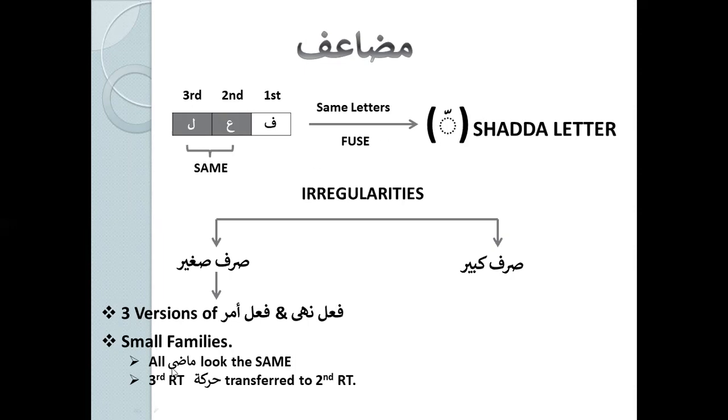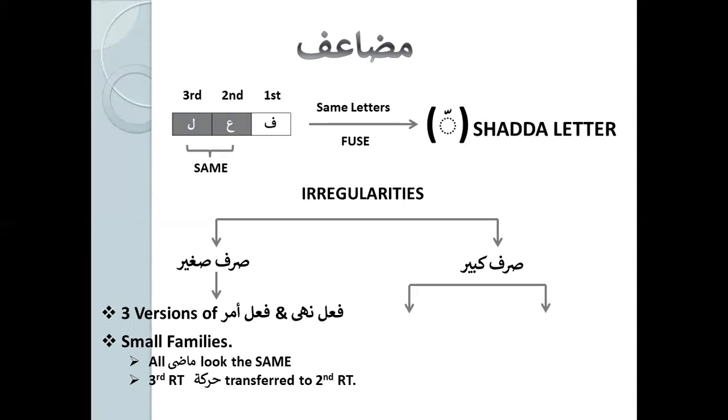That's because of the third root letter's haraka. In Madi, the last root letter's haraka is always fatha, and this fatha is transferred to the second root letter in these families. This becomes the reason why all Fil Madi look the same. You will see how that happens.